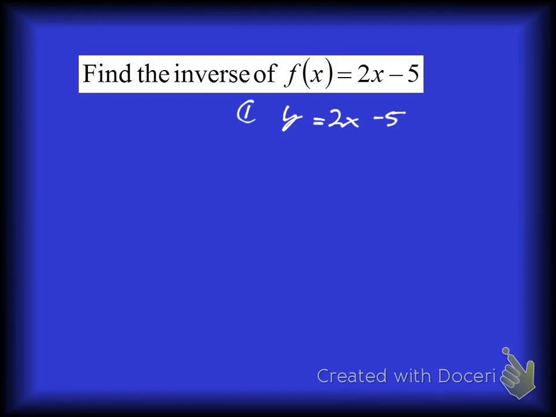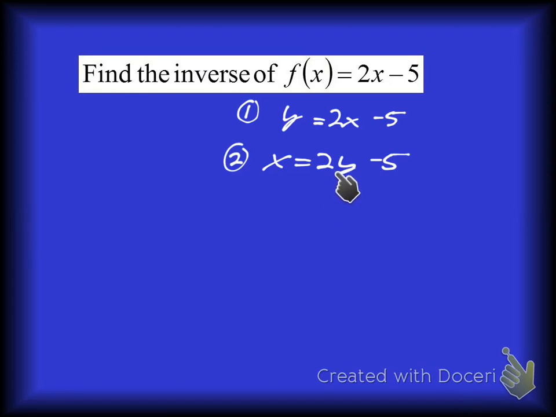Okay, so step 1, done. Step 2, change x and y. Flip-flop them. x equals 2y minus 5. Notice how the 2 stays on this side too, okay? You're doing no math. You're doing nothing except just rewriting it, x where y was, y where x was. Okay?